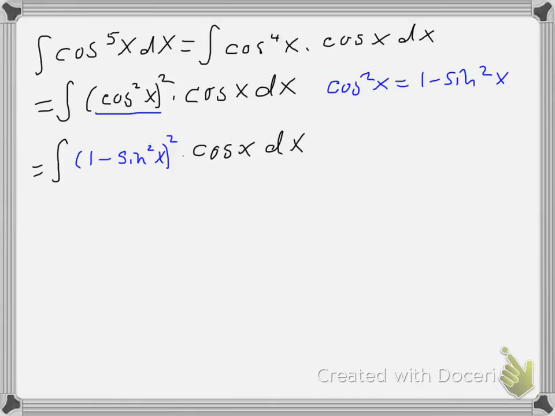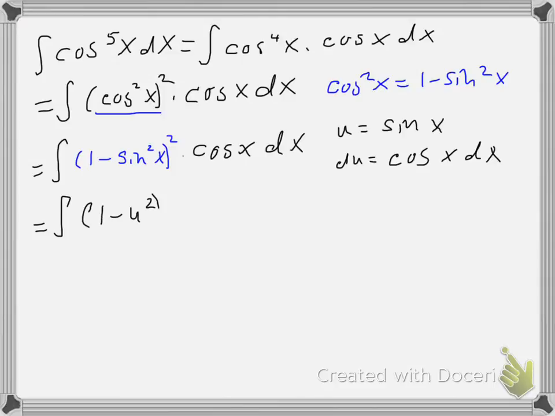So now again, if I use a little bit of u substitution, if I say u is equal to sine of x, then du will simply be equal to the cosine of x dx, and I can say this is going to be equal to the integral of 1 minus u squared, squared, du.